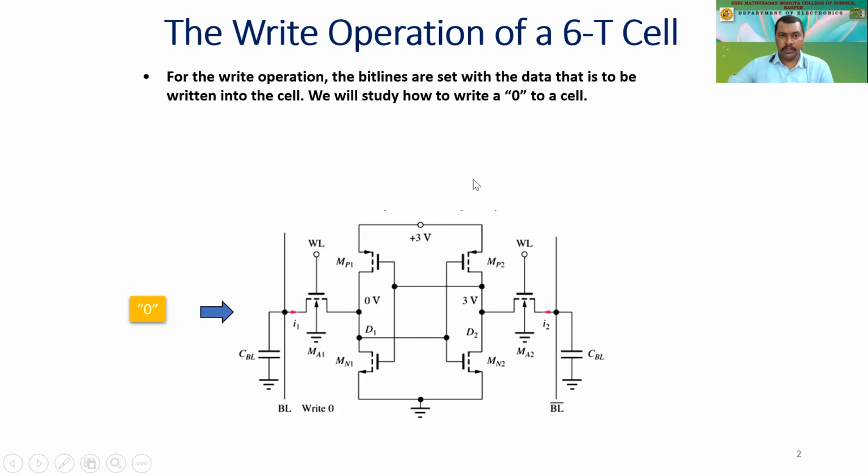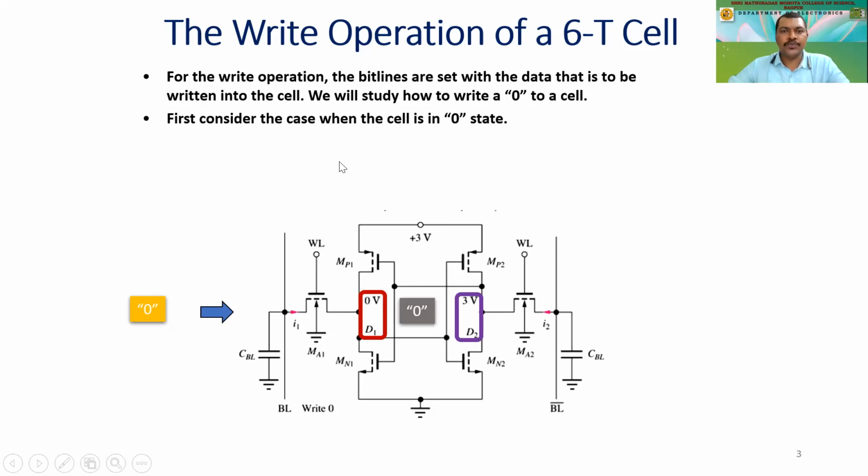Now we will see how we are going to write a zero to a cell, right? So first consider the case when the cell is in the zero state. Initially it was zero, and we are again trying to write zero over here. So if we are expecting to load this zero in this particular memory cell, what is the condition that happens?